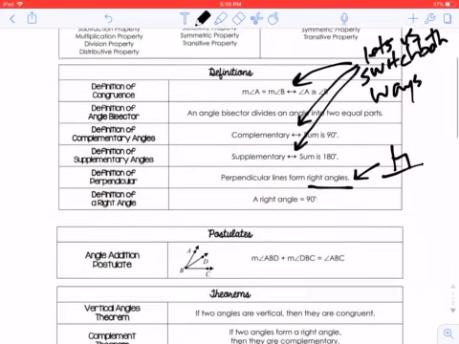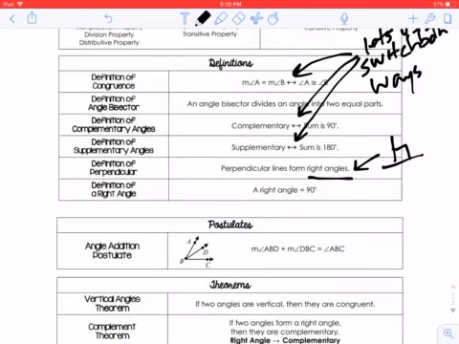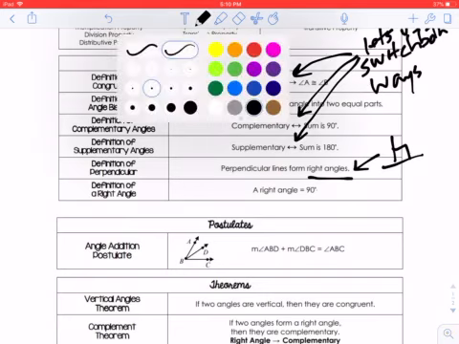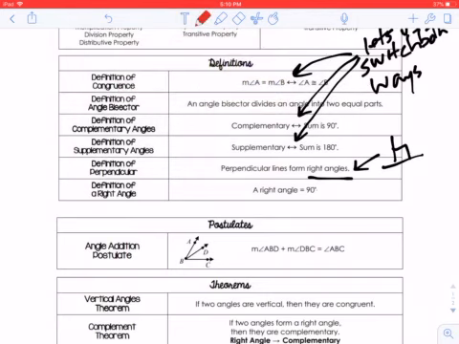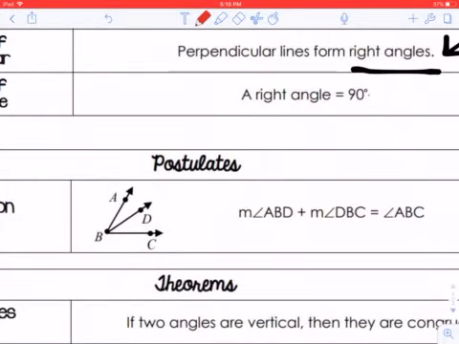So let's go down. Before we had the segment addition postulate, now we have the angle addition postulate. I'm going to zoom in here so I can get this right. The angle addition postulate says the measure of angle ABD, so I'm going to put that in one color, plus the measure of angle DBC.